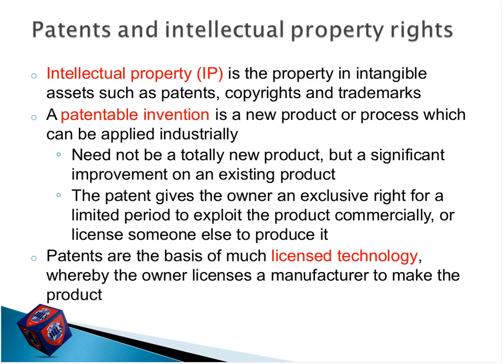You cannot touch and basically sense those products. However, patentable inventions is when a new product or process which can be applied industrially need not be a totally new product, but a significant improvement on an existing product.